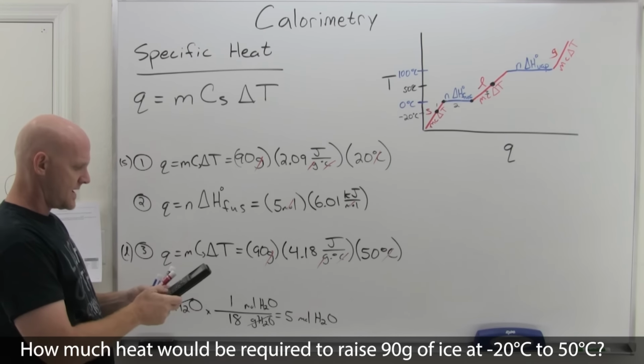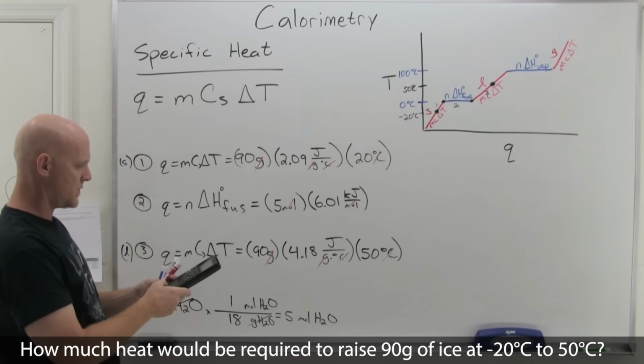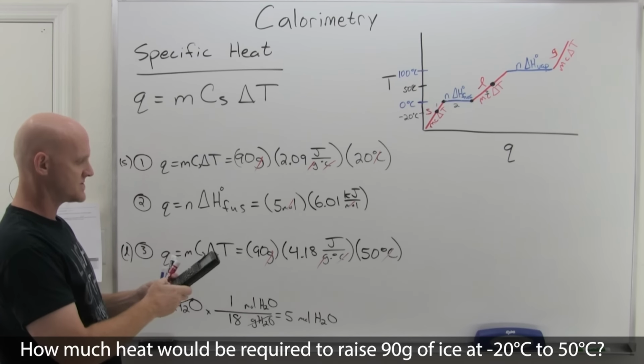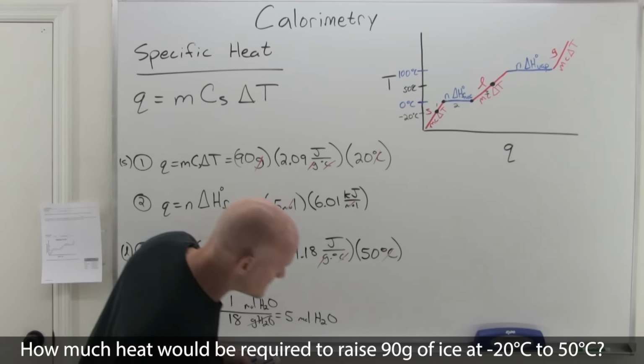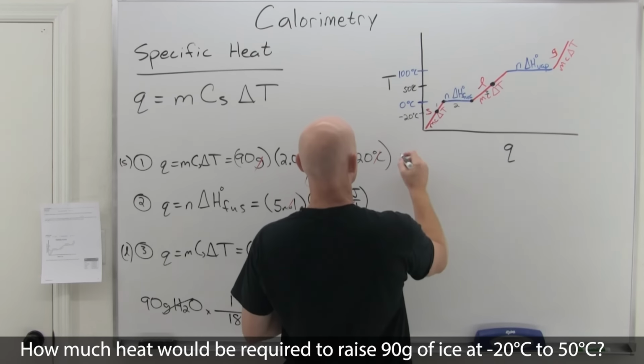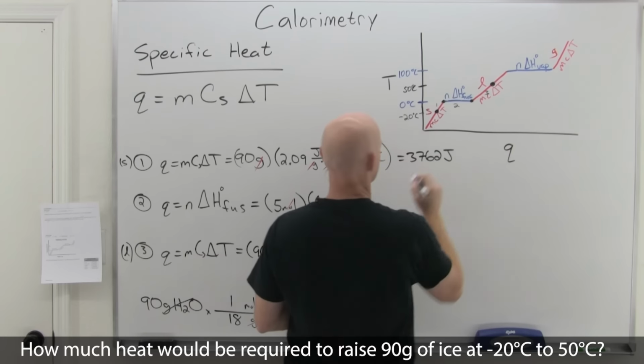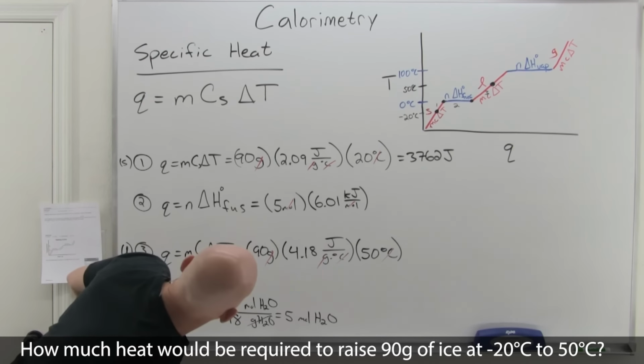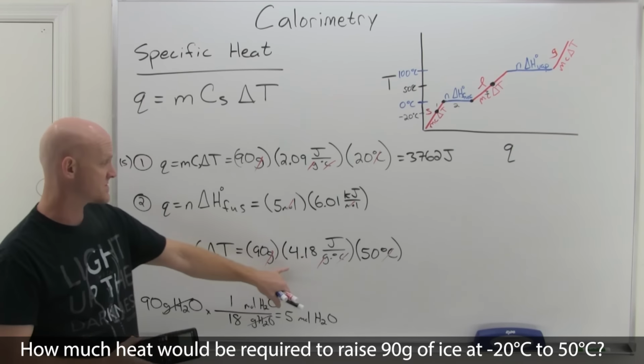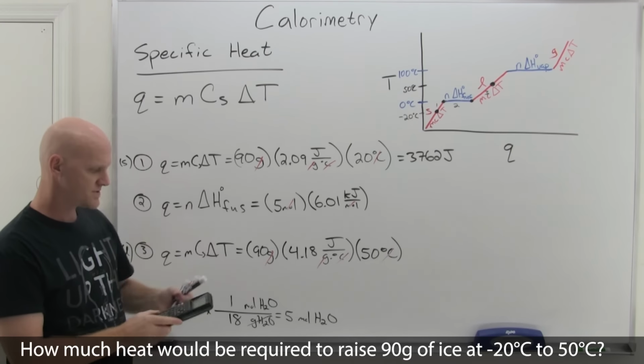All right, so we'll take 90 times 2.09 times 20, and we'll get 3762 joules. All right, and now we'll just go in order.